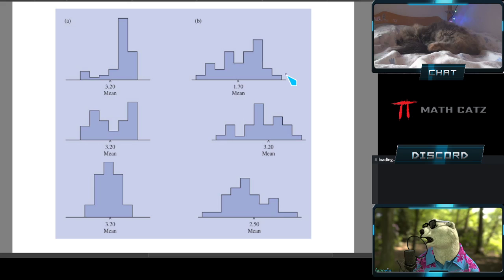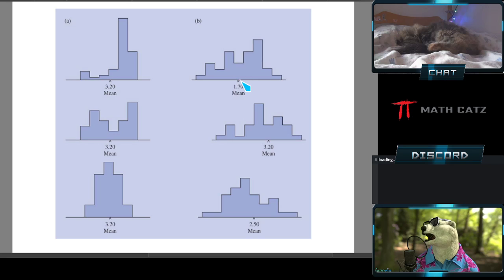Previously, we want the measure of center, the mean, to give me an indication of where this distribution sits. In this first one, it sits around 1.7, which is very different from a distribution that sits around 3.2 or 2.5, depending on whatever scores we are working with here. So the mean tells me the position, like we said, quote unquote, or the center.